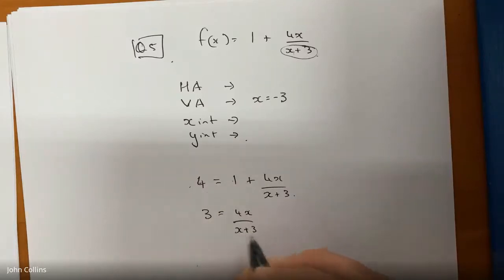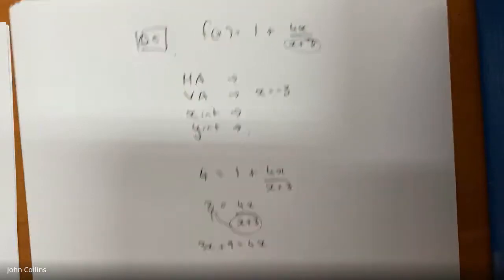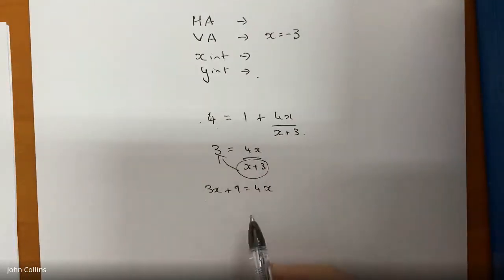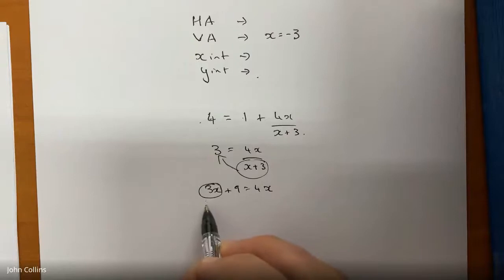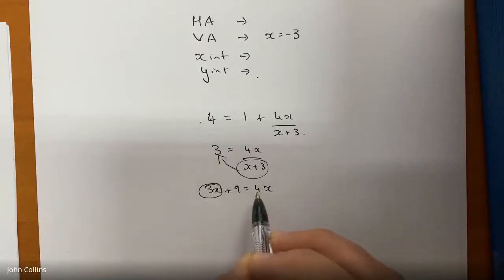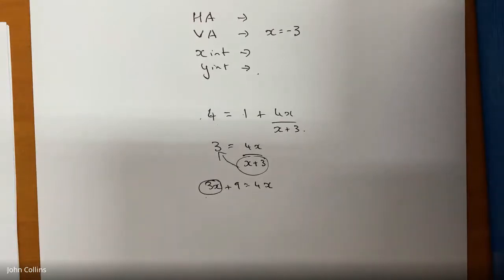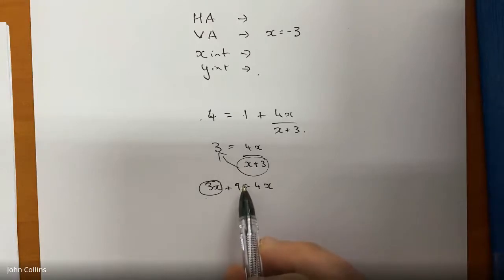This is unnecessary work. I'm just proving it anyway. So when I multiply both sides by x plus 3, I get 3x plus 9 is equal to 4x. That's fine. What I want that to be is 4, because then I have 4x plus 9 also equal to 4x. That wouldn't make any sense. And that's the reason why it can't be 4. It must be 5.